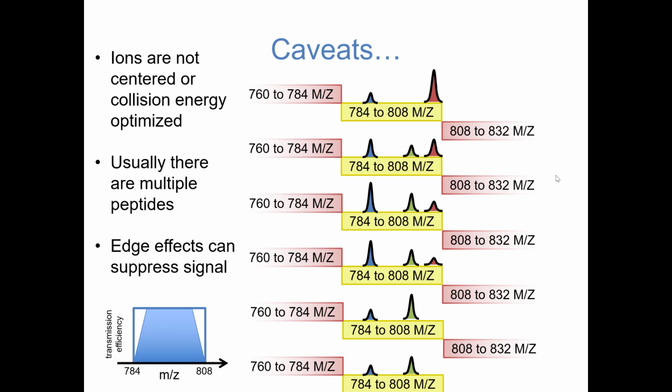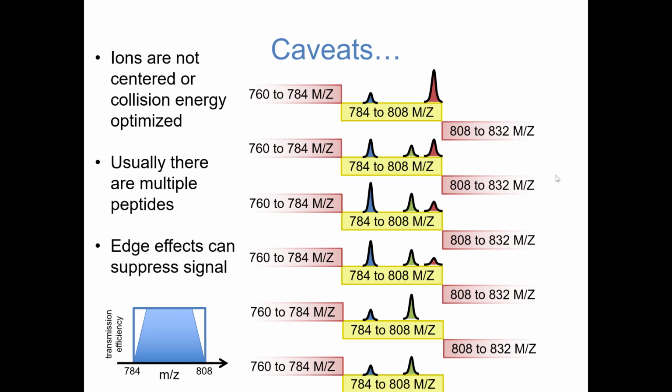And this depends on the quadrupole. The segmented quads by Thermo in their more recent instruments tend to be pretty good, but the older quads that they were using for the QEs ended up being designed really just for DDA. They would provide a lot of really good signal in the center because they were heavily optimized using DDA as the standard, where you centered your windows around something.